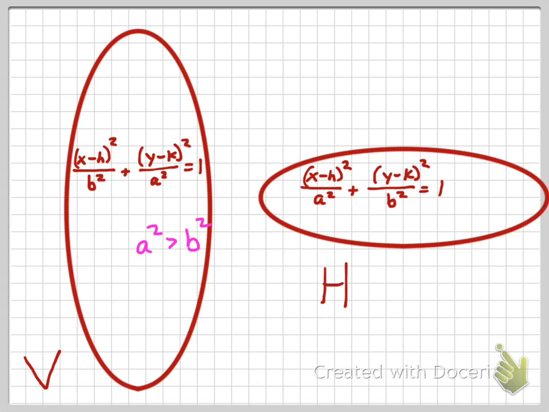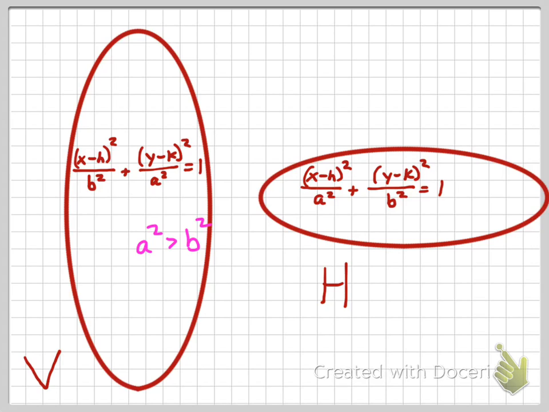You have to remember that for ellipses. So the larger denominator, if it's under the x, it's a horizontal ellipse. If the larger denominator is under the y, like you see there on the left, it's a vertical ellipse.